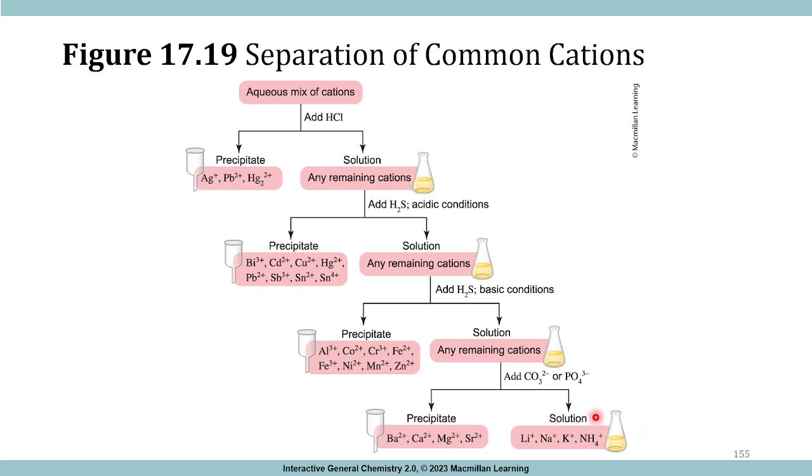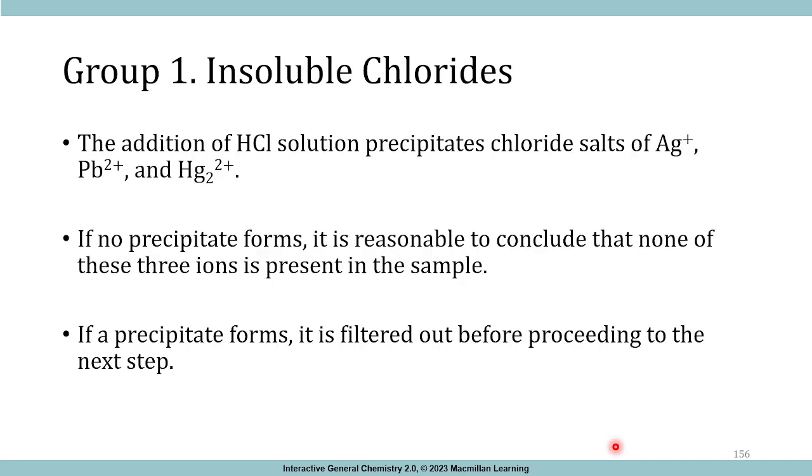Notice what group they're mostly in. Lithium, sodium, potassium. They're group 1, aren't they? Yeah. This is ammonium. It's the only one that's not in group 1 because it's a polyatomic, right? And those are the ones that would have been in your solubility rules as just soluble, period. They're always soluble no matter what you put in with them.